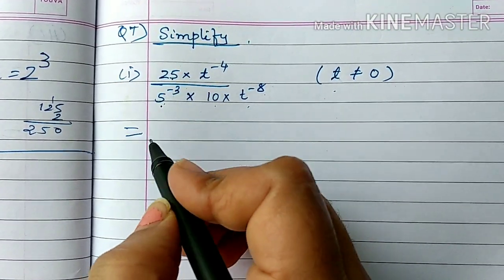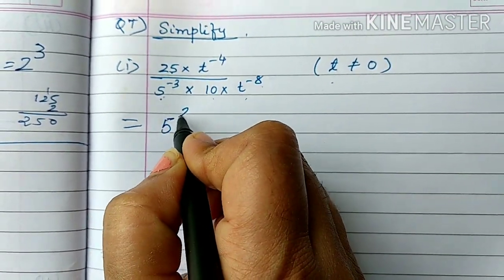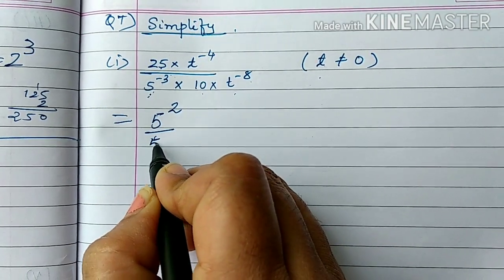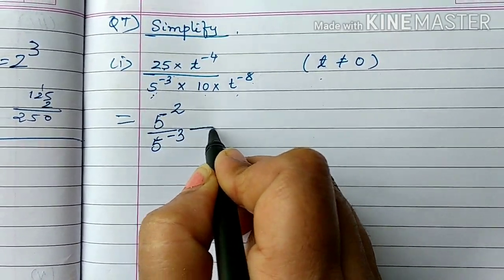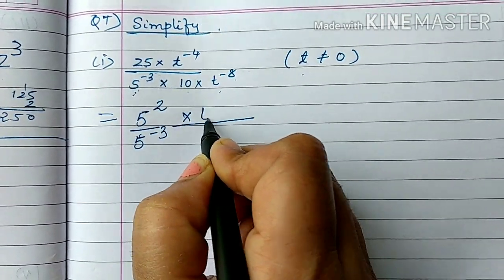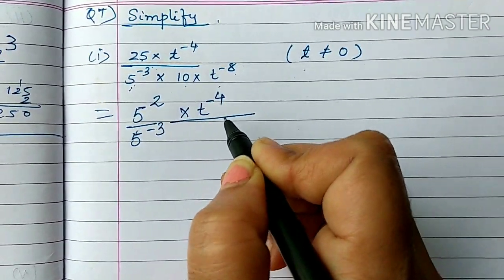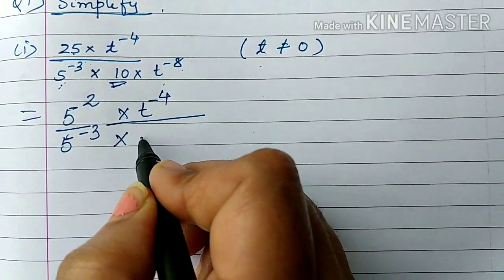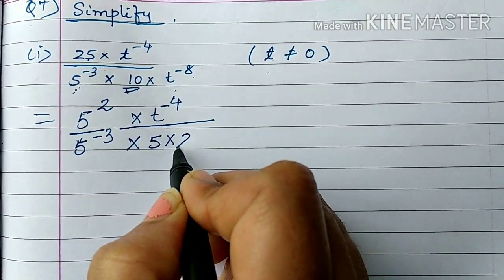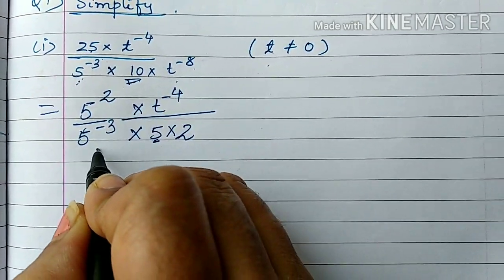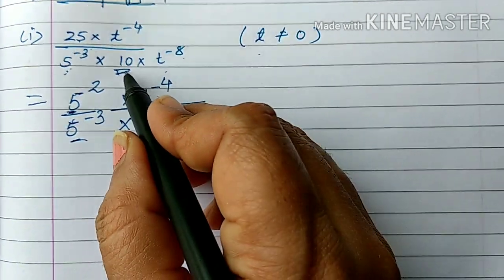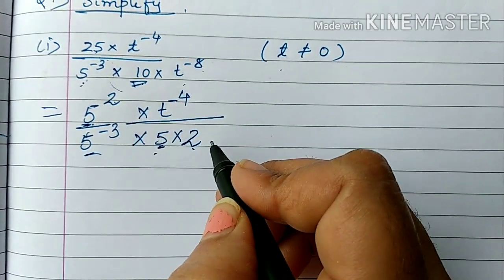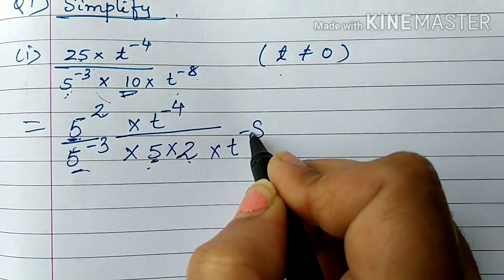I can write 25 as 5 square, upon this is 5 raised to minus 3 into t raised to minus 4, into 10, which I can write as 5 into 2 because I want the same base. So I have taken 10 as 5 into 2 and 25 as 5 square, into t raised to minus 8.